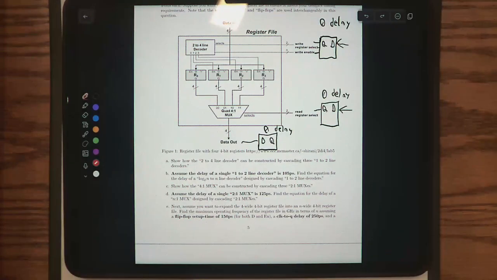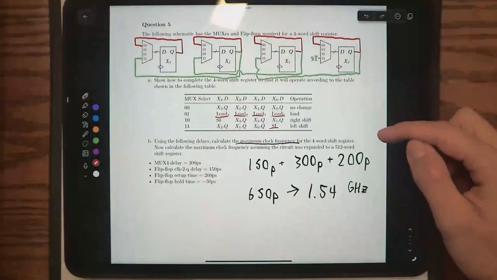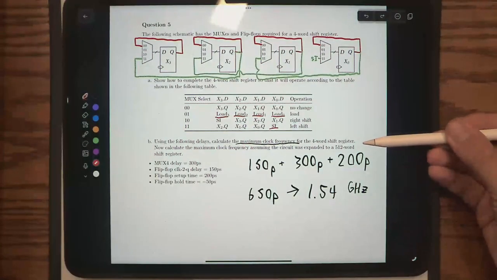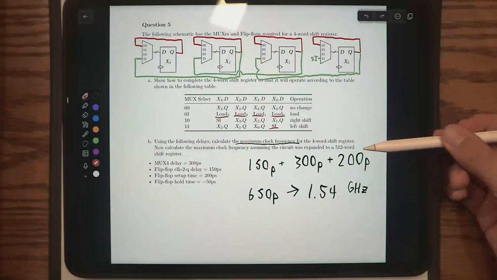Yes, question. For 5B, for the 512 word shift register, do we also multiply it with the setup as well, or is that after we add the delay and then clock to Q and mux?